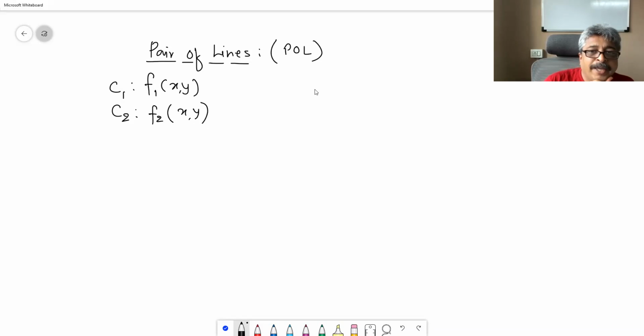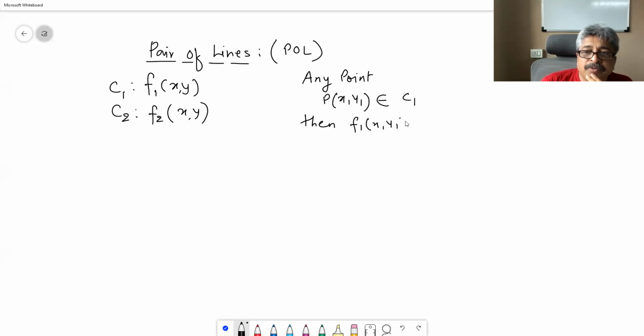Any point P(x1, y1), suppose it belongs to C1, then f1 of x1 y1 is equal to 0.